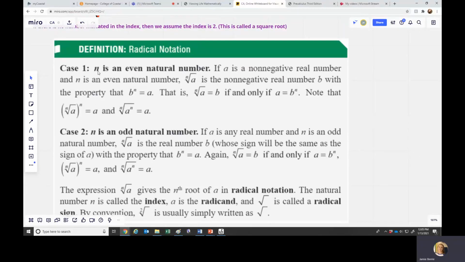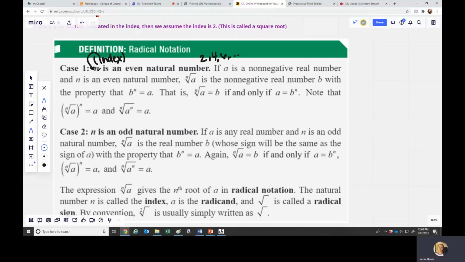The first case is where your index, remember n represents your index, is an even natural number, something like 2, 4, 6, and so on. If your radicand is a non-negative real number and the index is an even natural number, then the nth root of a is equal to the non-negative real number b that has the property that b to the n equals a.